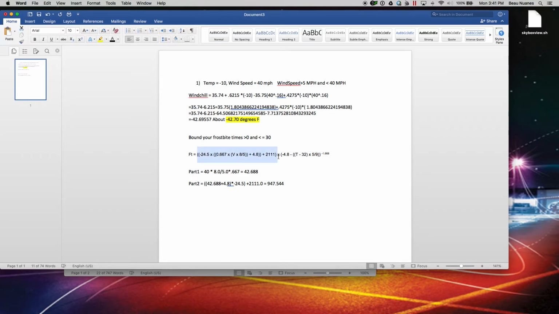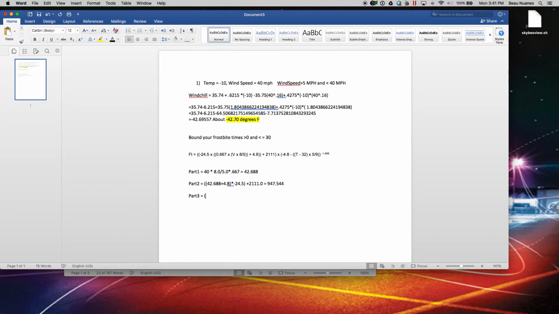That calculates to 947.544. Now, part 3, looking at the other side and breaking things down. That's going to be equal to, our temperature is minus 10, so we start here: minus 10 minus 32 times 5 divided by 9.